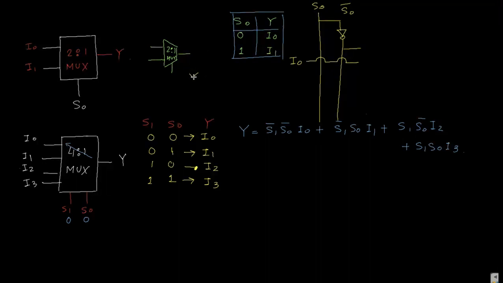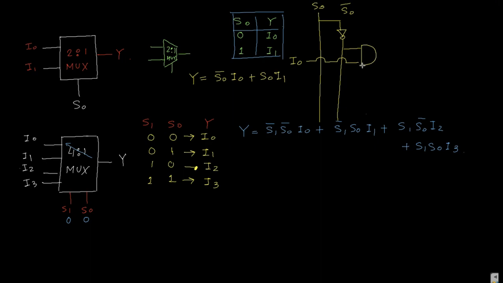The output of the 2:1 multiplexer is S0 bar I0 plus S0 I1. So S0 bar I0 means S0 bar ANDed with I0.